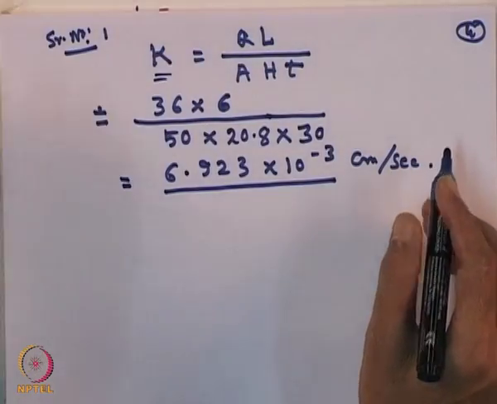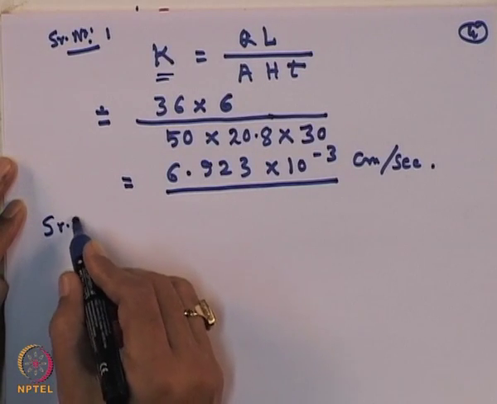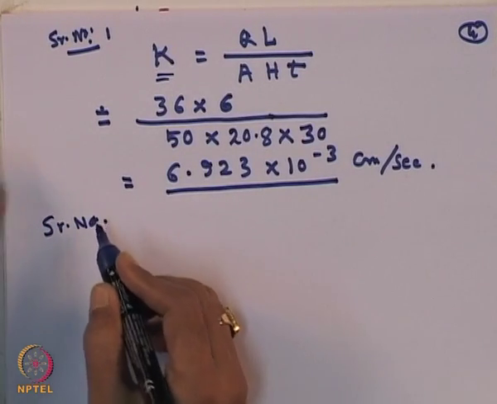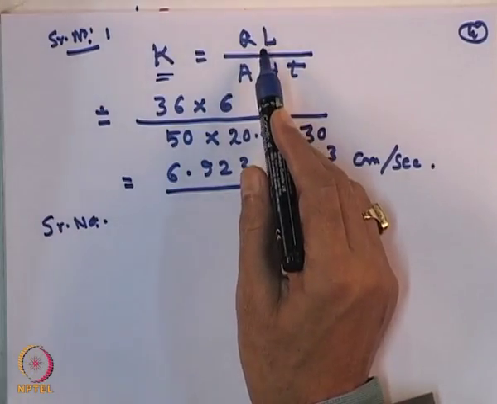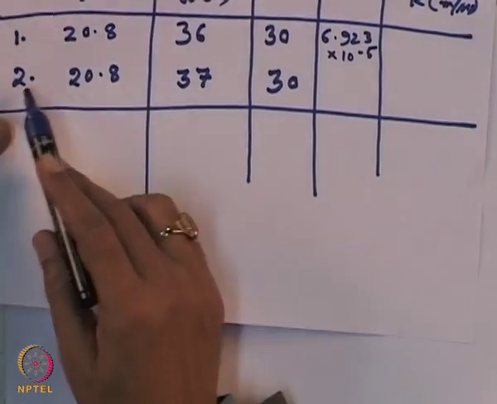Then from the serial number 2 test, we can write the quantity of water from the second serial number is 37.